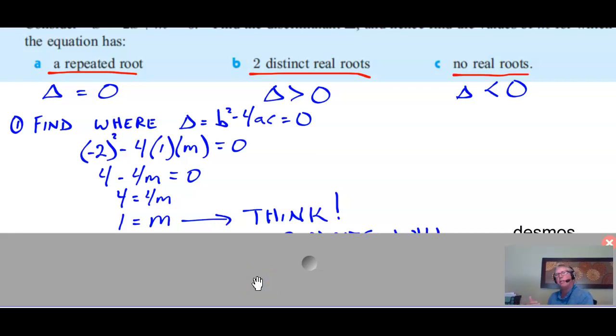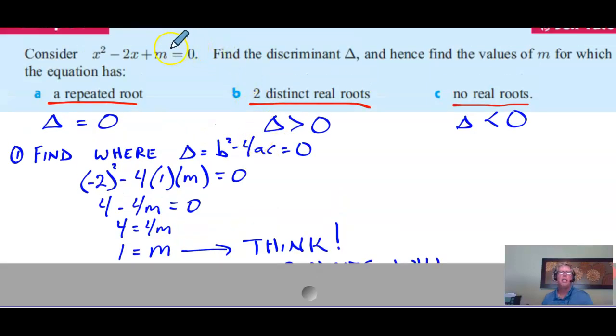You need to sit back and go, all right, what does that mean? All right, when m is equal to 1, that means this discriminant is equal to 0, which tells me that if m is equal to 1 in this, that quadratic will have a repeated root.